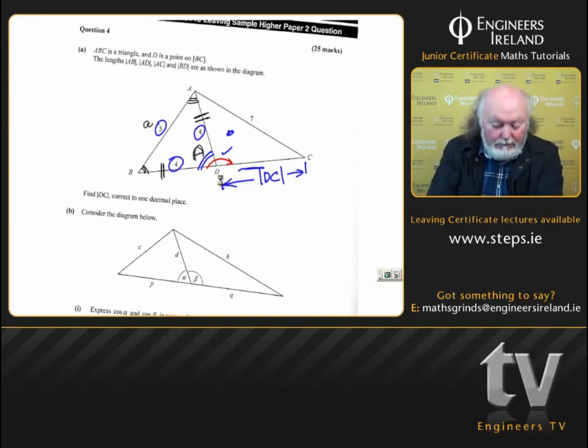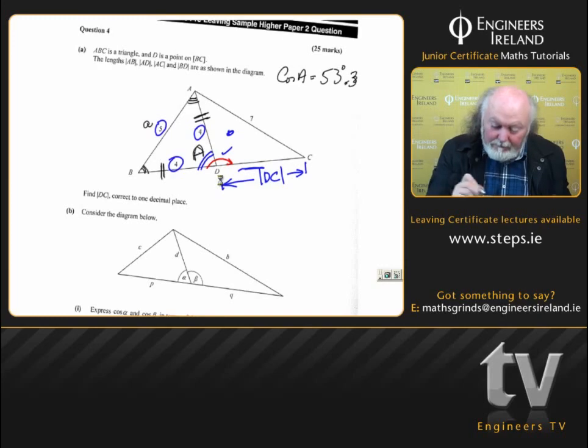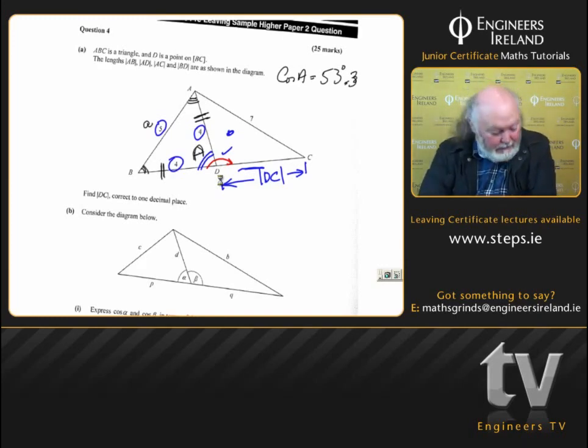With a cosine rule, you will find that cos of your angle is 53.3 approximately.